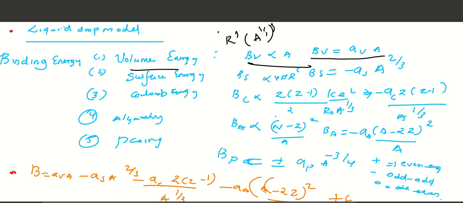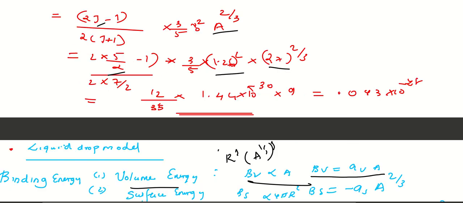These are pairs, that many pairs are there. So we consider Z into Z minus 1 divided by 2, K e square divided by R naught, A raised to 1 by 3. So we have to study this only: minus AC Z into Z minus 1 divided by A raised to 1 by 3.